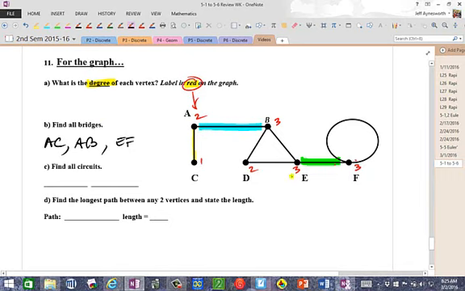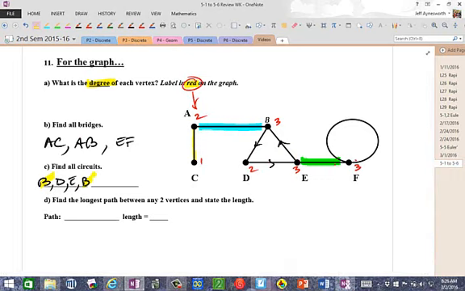So we have a circuit from B back to B. Notice that we start and stop at the same point. That's one possible circuit right there. And there's another circuit, F back to F. That's the shortest one here. So FF, your loop, would be your second possible circuit right here.